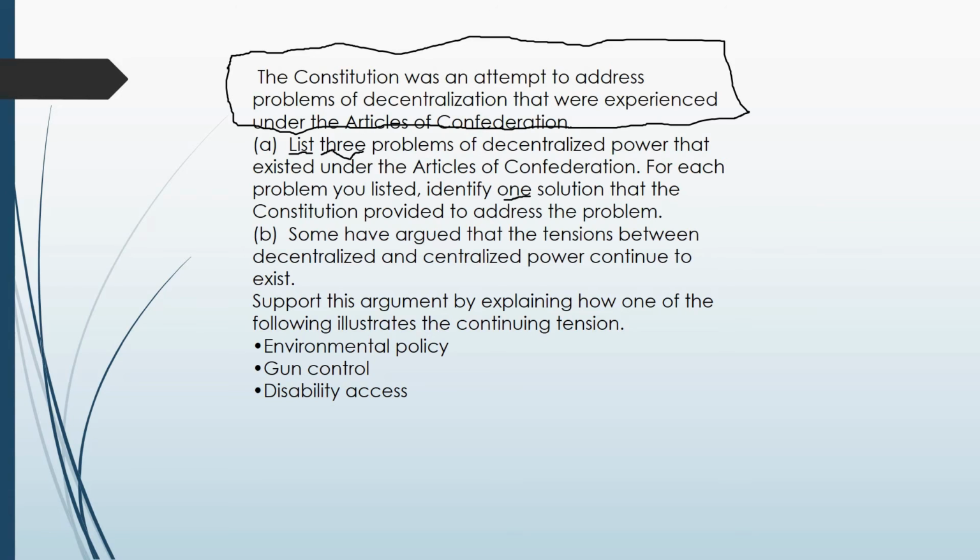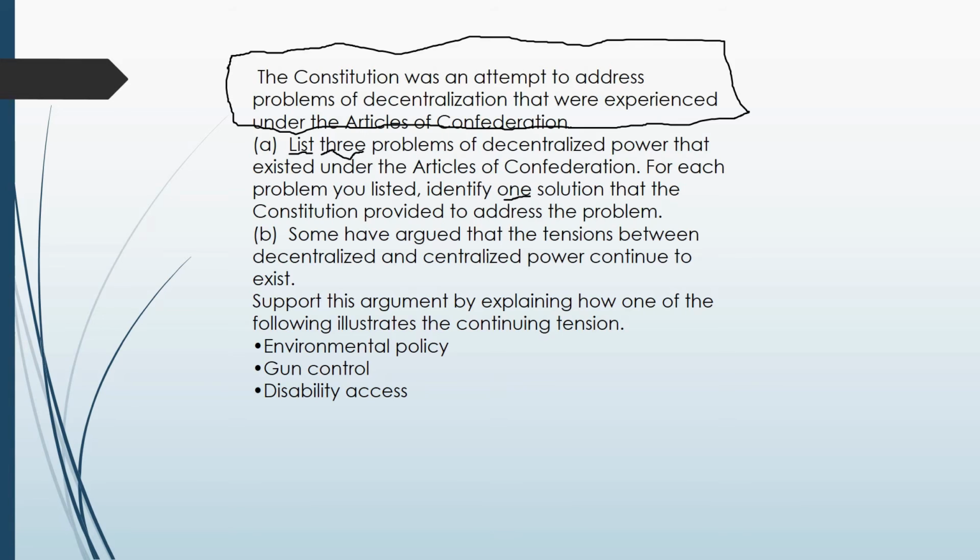Then Part B is a 2-part question. Under Part B, some have argued that tensions between decentralized and centralized power continue to exist. That's whether the central government should have control or whether it should be more diffused power out among the states. So you're going to make an argument of whether it should be centralized or decentralized or whether there are tensions that exist.